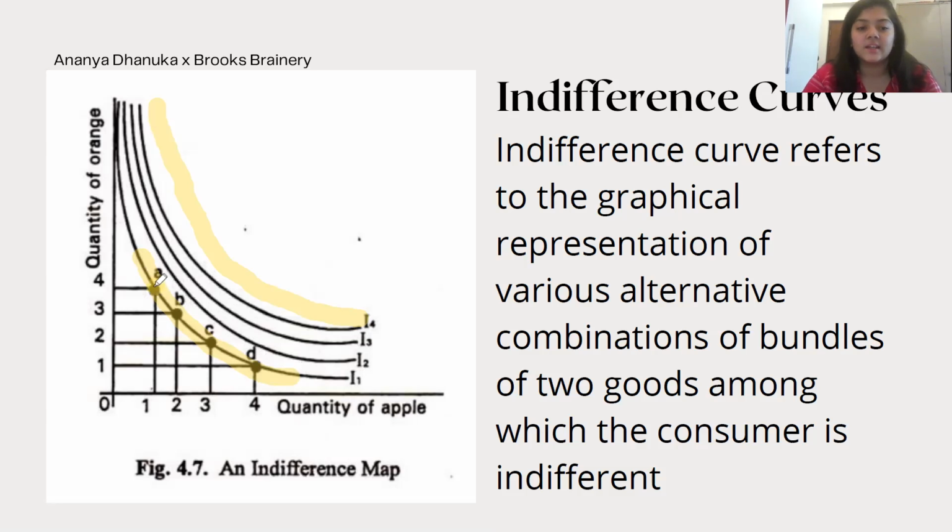So at A, let's say if I had to measure, the amount of satisfaction I'm getting is 20 utils. At A, B, C, D, the satisfaction that I'm getting is equal, which is why I'm indifferent amongst these bundles.